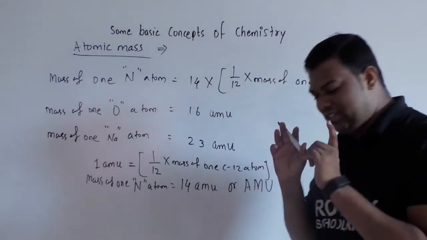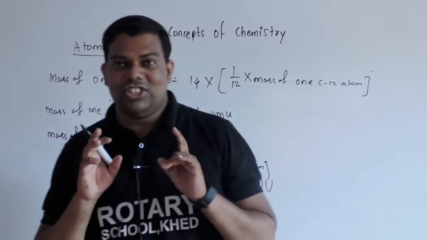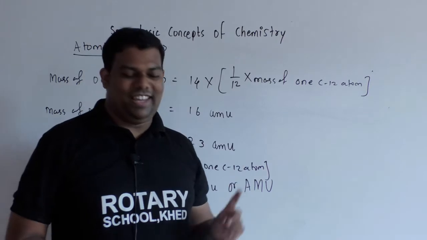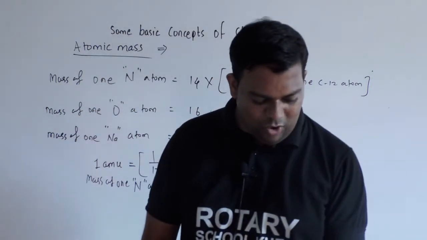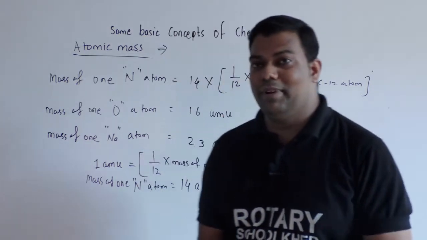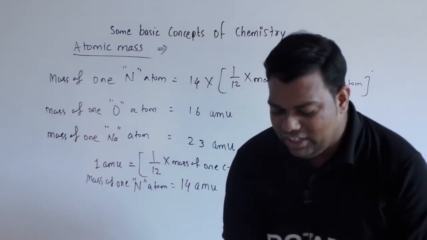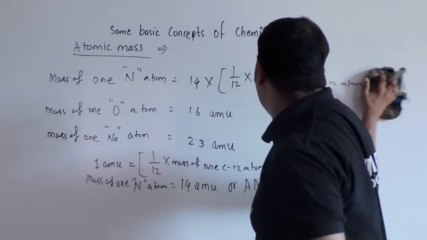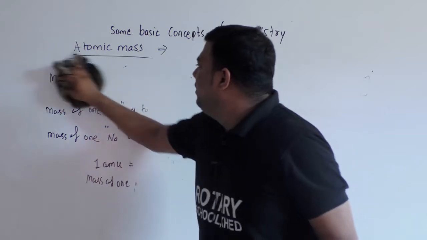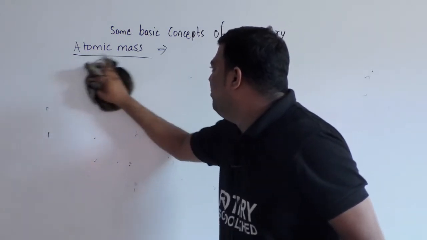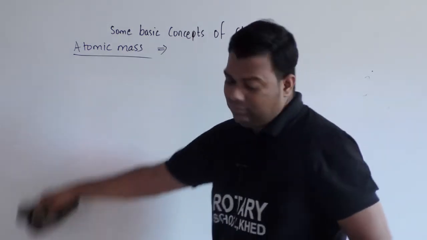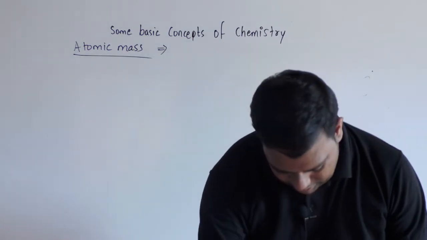Okay, it is very, very important. Before starting the mole concept, you must know these things. So see, this is our AMU. So now you got what? 1 AMU is equal to how much? That you got now. See here, all this is going on in atomic mass only. So pay attention. Atomic mass.